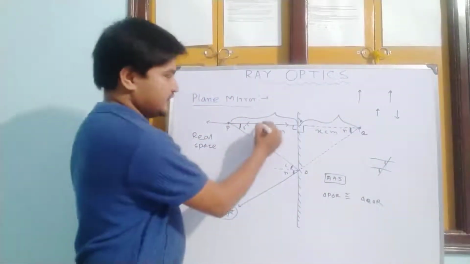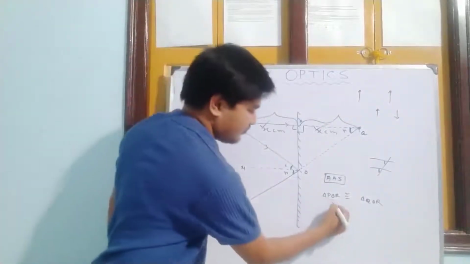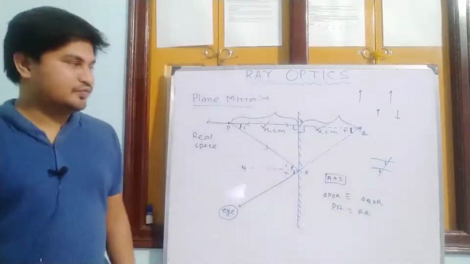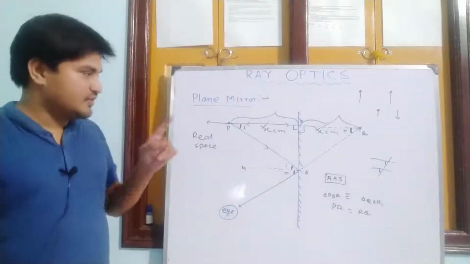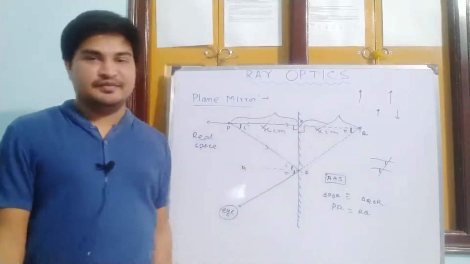So from this condition we can say the length of PR equals RQ. So we can say that the distance of the object from the mirror is equal to the distance of the image from the mirror.